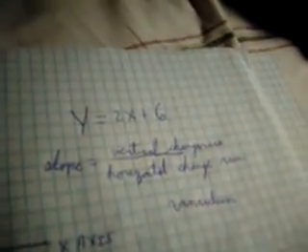Alright, so what is the vertical change? Well, that's rise. What is the horizontal change? That's run. So you have a ratio between vertical change and horizontal change, which is rise to run.